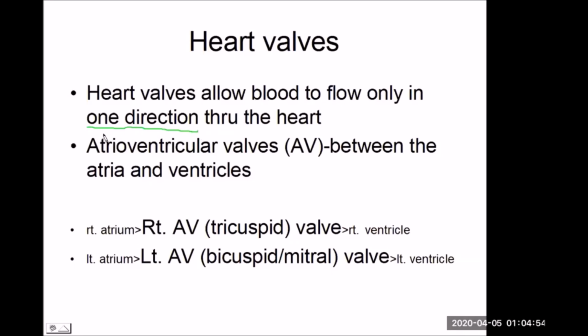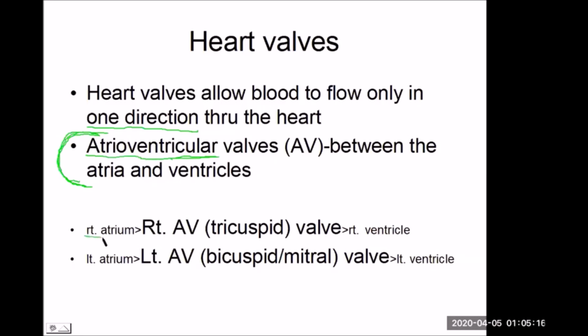So the first set of valves, because again, keep in mind, we have the 2 atria and the 2 ventricles, right and left chambers. So a simple name is just between the atria and the ventricles. At the exit point of the atria, we have the right and left atrioventricular valves, and that's just spelled out down here with alternate names.